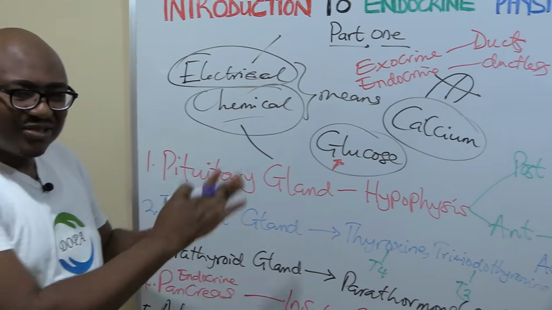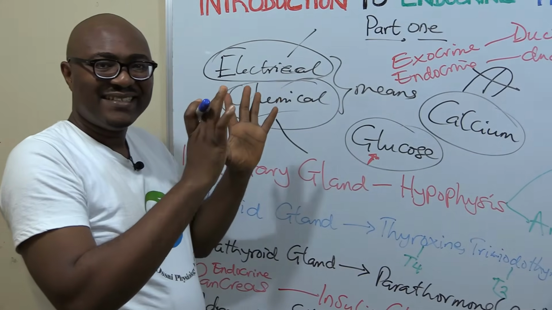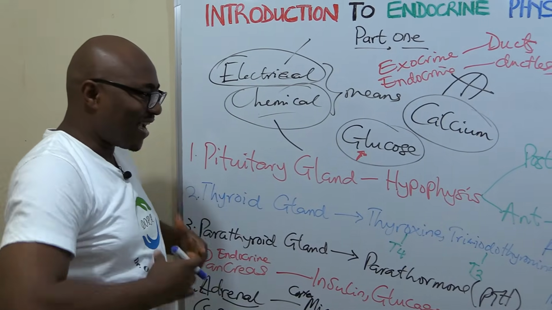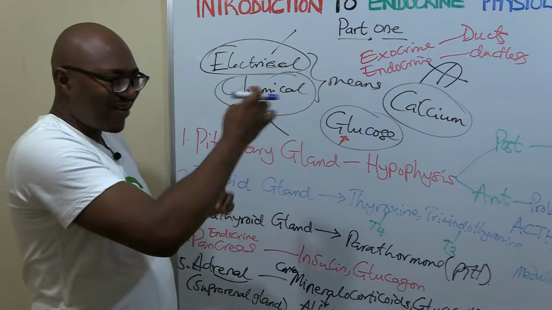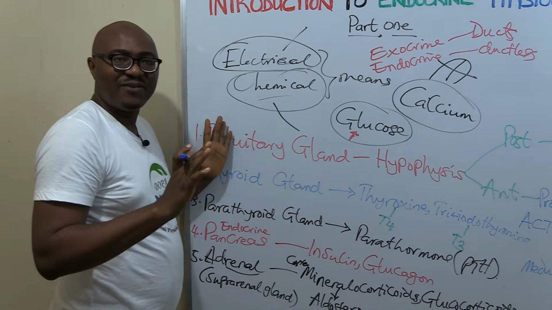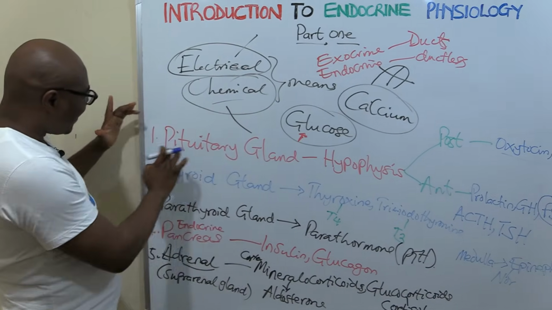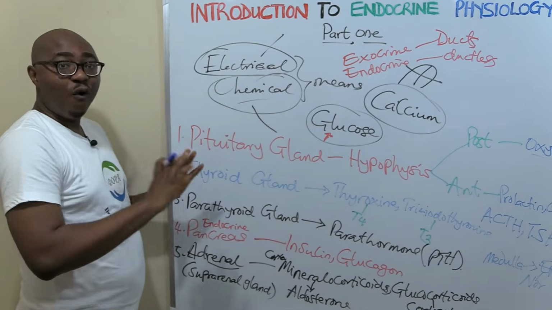They have similar function with the sympathetic division of the autonomic nervous system. Just that theirs is through hormones in a slower process, while sympathetic nerves work through electrical means, but they have similar function. In emergency situations, they control all of that. So these are the classical glands and the classical hormones.